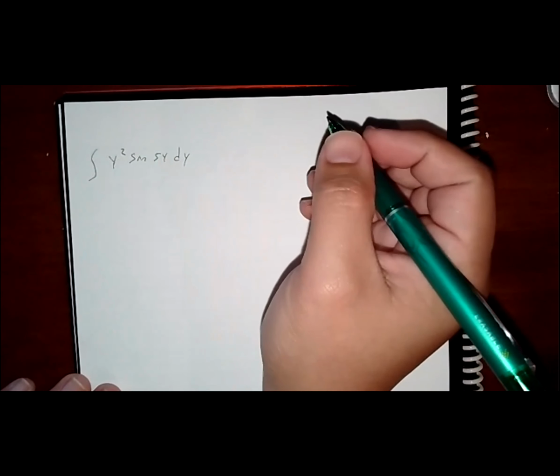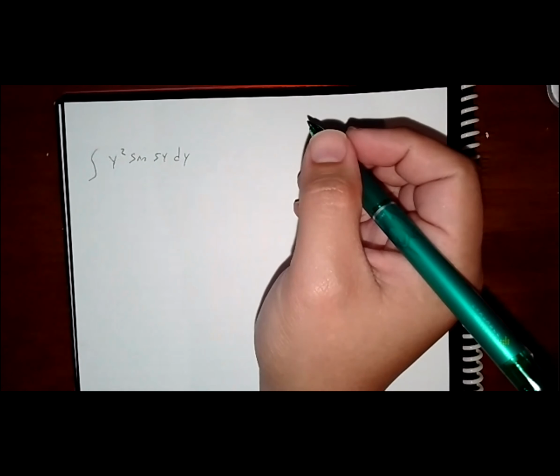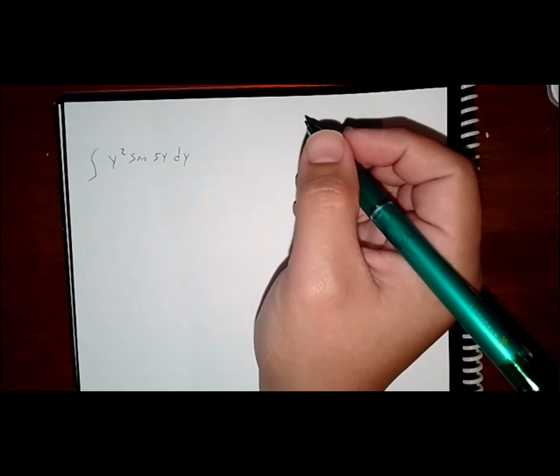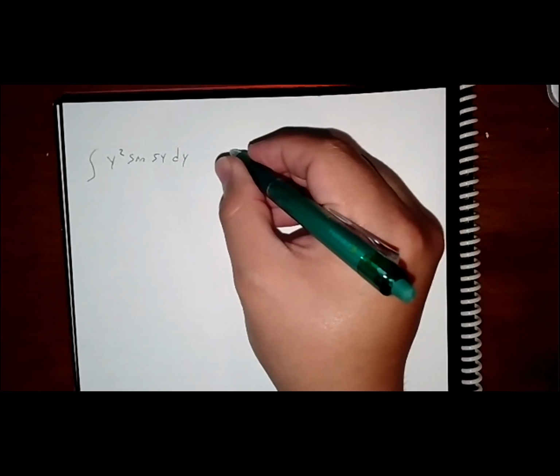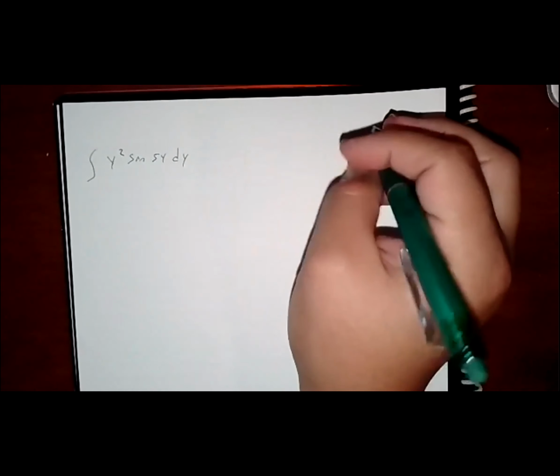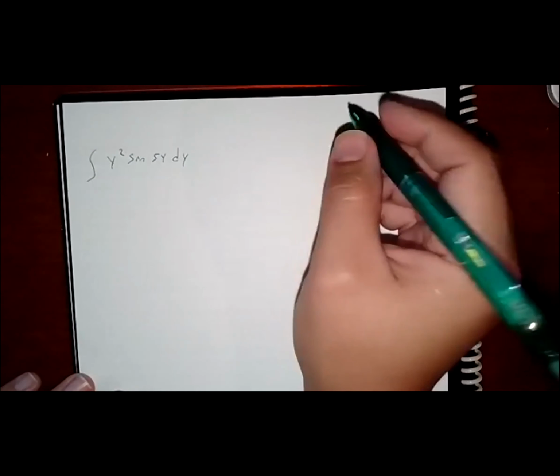Okay, so this is going to be by parts. You can do the tabular method or do by parts 2 times. So I'm going to do it the long way so you can see the practice of by parts since you guys forgot.